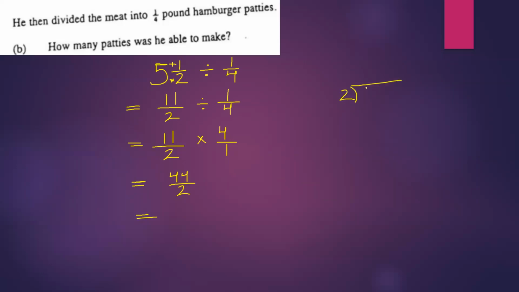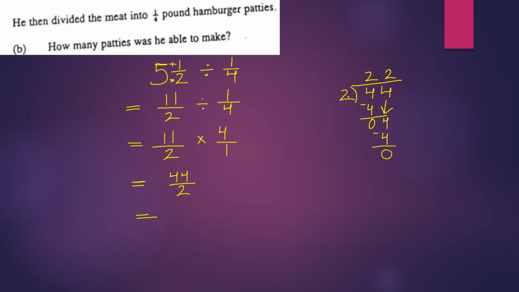And how many times does 2 go into 44? 22 times. 2 into 4 goes twice. 2 times 2 is 4. We subtract, 4 minus 4 is 0. Then we bring down the 4. 2 into 4 is twice. 2 times 2 is 4. 4 minus 4 is 0.